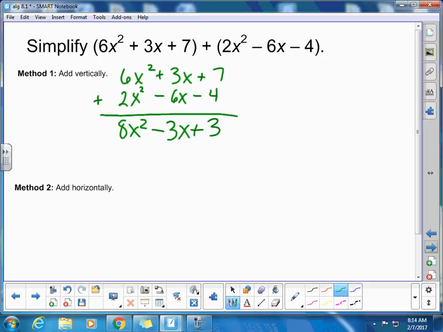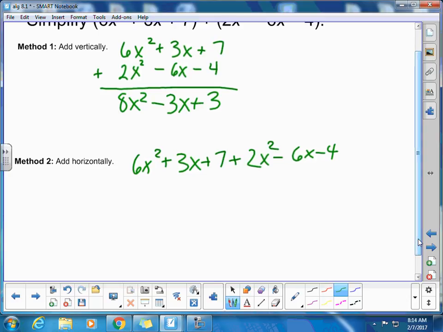Adding horizontally, we don't need the parentheses, so I'm just going to write it all out. If you are adding it horizontally, I would suggest you box in things so you know what you've done. Like I will look for the x squared. So here's an x squared, and there's an x squared. And so then I would have 8x squared.